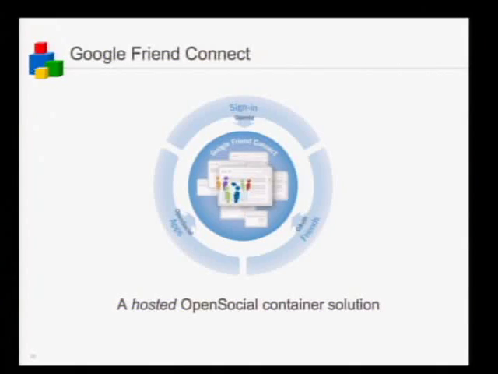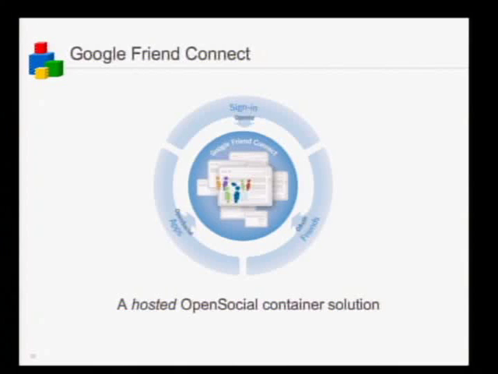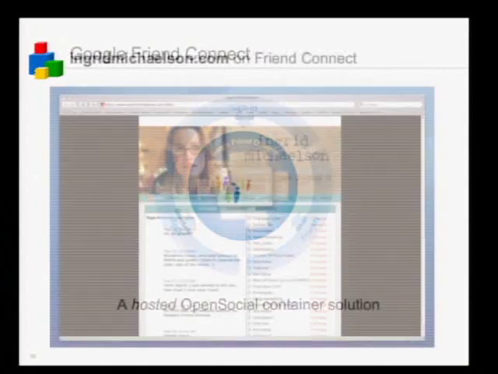These are all different environments, but there's a new movement now to have a single unifying identification system called OpenID, and Google Friend Connect supports that. So that means if you have an OpenID identification, you can log into any one of these sites that supports Friend Connect. Okay. So in short, it's a hosted OpenSocial container solution, and you can utilize the benefits from that.